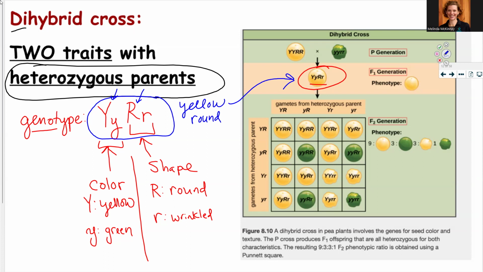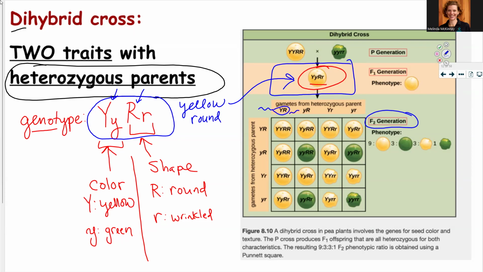This is shown that this is the generation that is going to be bred together to create our F2 generation for the dihybrid cross. If we were to do this, when we separate these, now instead of just having one allele in each gamete, we're talking about two traits.